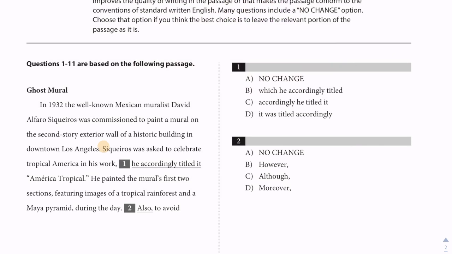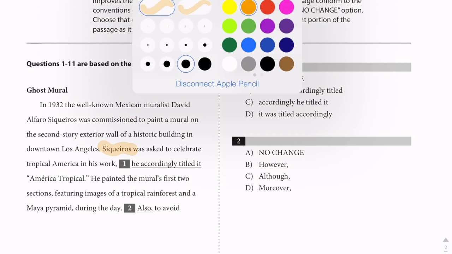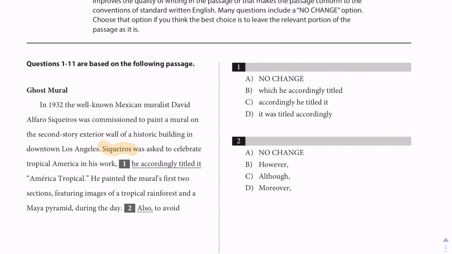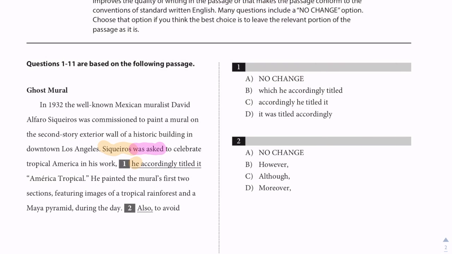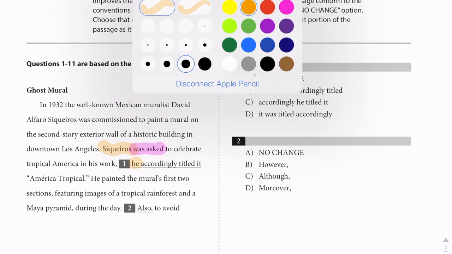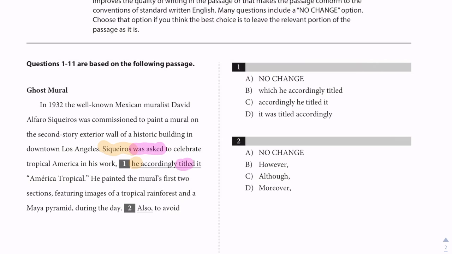Cisneros is the subject. And let's use pink for the verb. Was asked. And then we have to celebrate tropical America in his work. He accordingly titled it. So it looks like we have a new set. He is the subject, and titled is the verb.